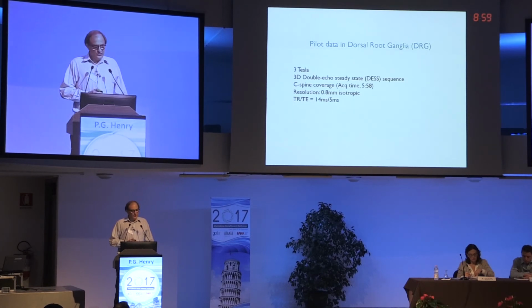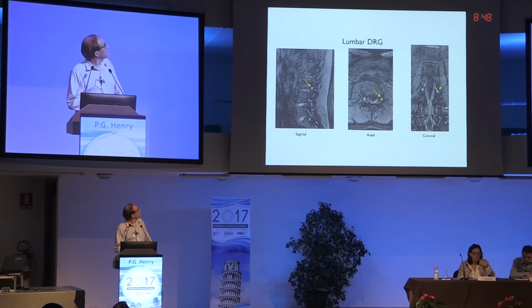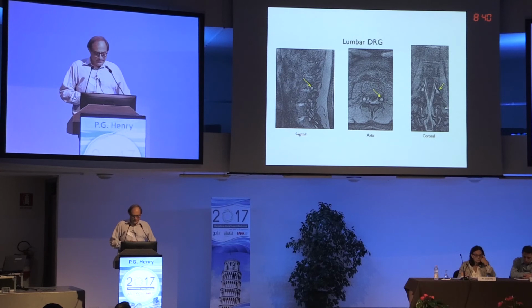And the resolution was 0.8 millimeter isotropic. So this is an example here with lumbar dorsal root ganglia. You see the images are a little bit noisy, but we can see very well the dorsal root ganglia in the lumbar region.